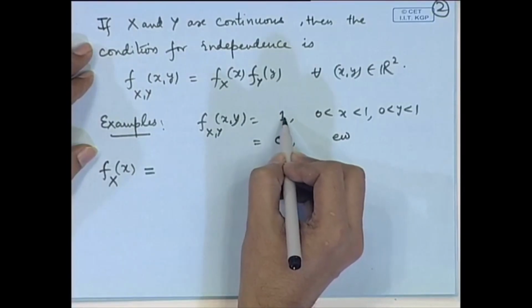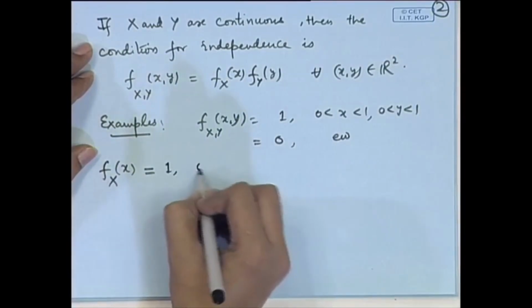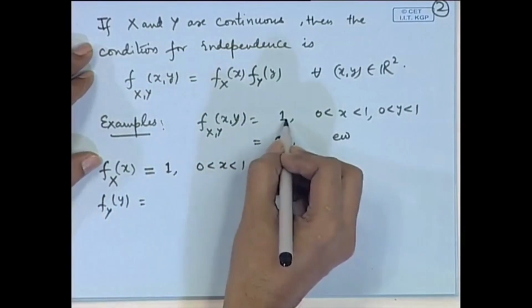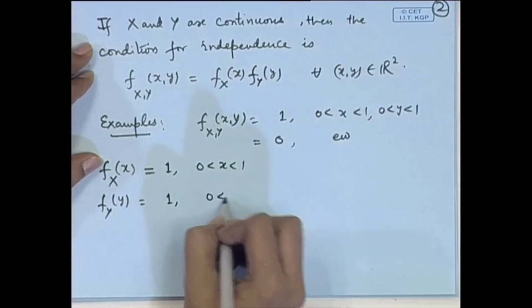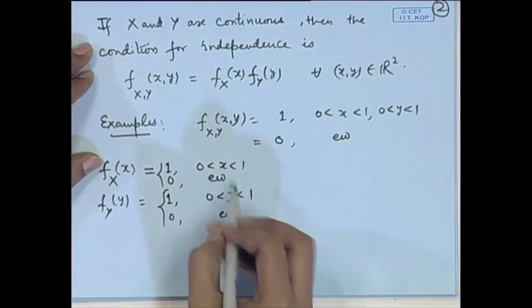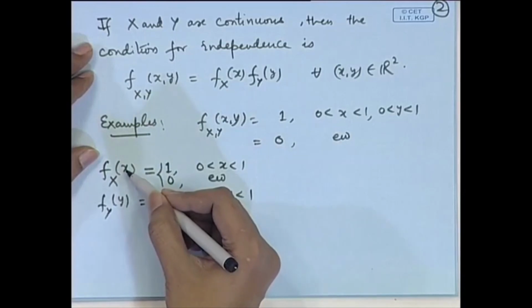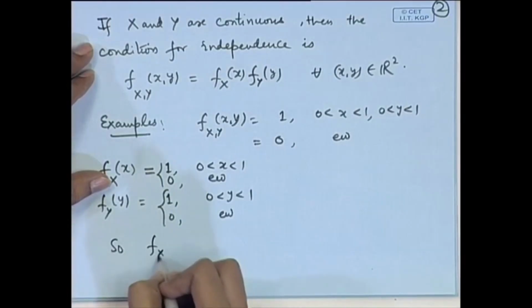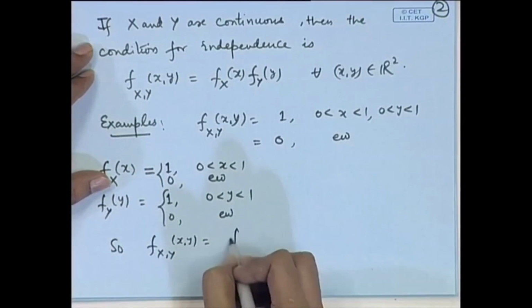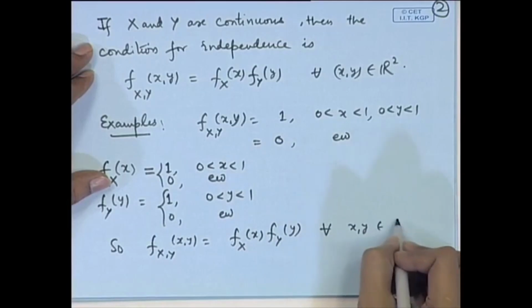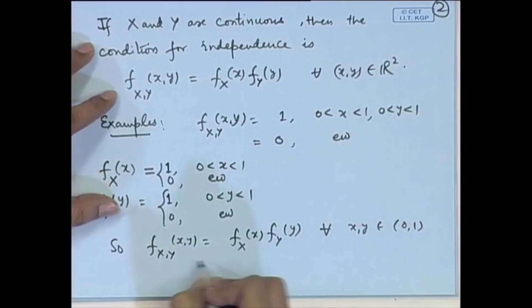We will be integrating with respect to y from 0 to 1, so we get 1, and similarly, if we integrate with respect to x from 0 to 1, we will get 1, and of course 0 elsewhere. So, you can easily see that the product of f_X(x) and f_Y(y) is equal to f(x, y). This condition is satisfied for all x and y. So, X and Y are independent.